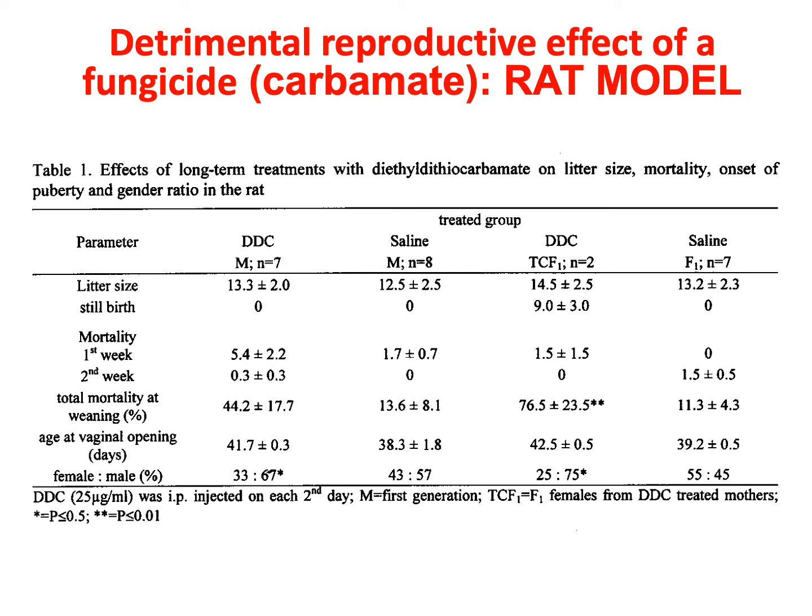You can see that the first generation shows no differences to the control in the stillbirth, but the mortality increased, and owing to the treatment, the total mortality at weaning of the pups was 44% compared to 14%, and the age at vaginal opening increased by the treatment by 2-3 days.